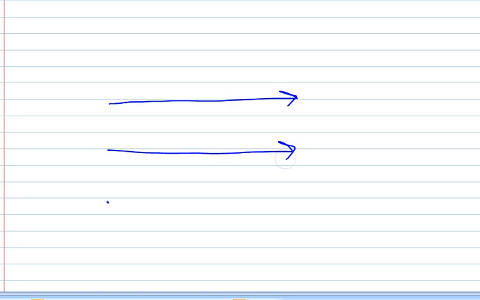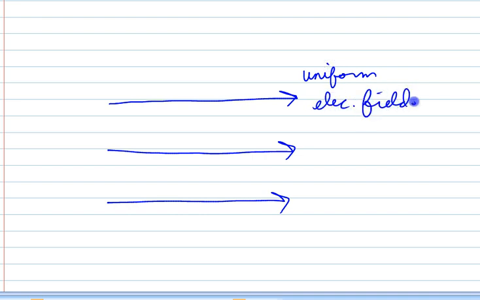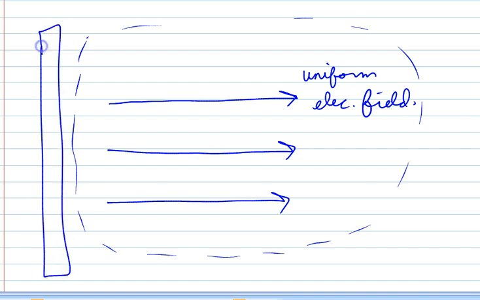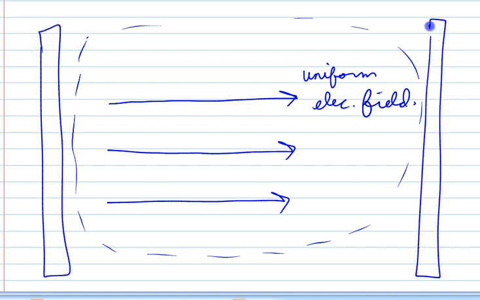But sometimes you'll come across a place where there's just a field already sitting in space. So this is what we call a uniform electric field. It's just there. How did it get there? We don't know. Now it could be that outside of our field of view, there might be something right here, and there might be something right here, two objects that have charge that are causing a field to form, but we don't know about that.